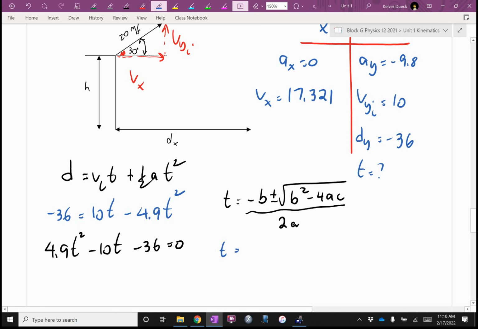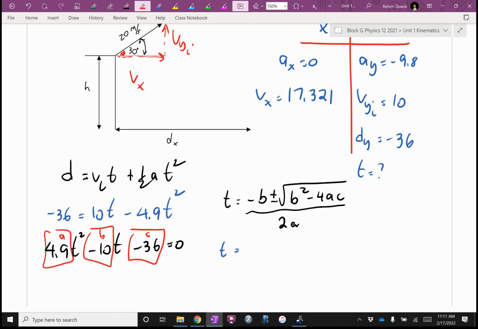T equals, well, let's see. That's A. That's B. That's C. Ooh, B is negative 10. So in my equation, negative 10 is going to be, yeah, are you positive?